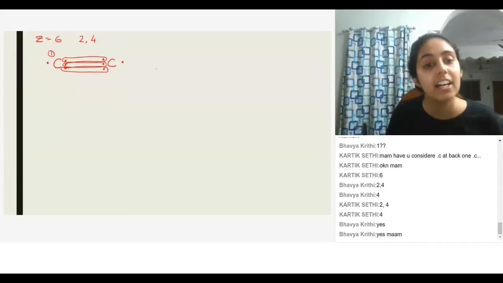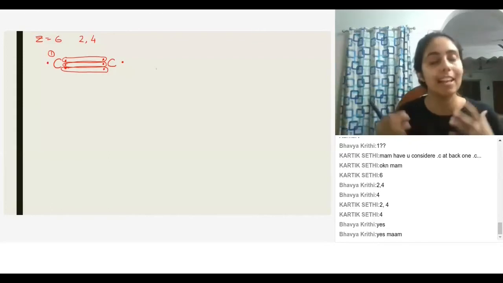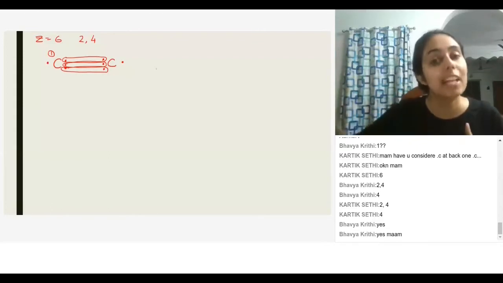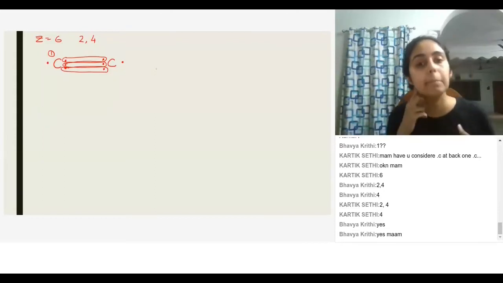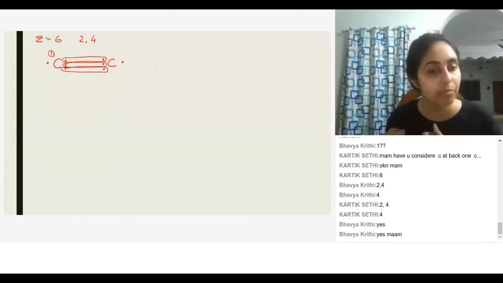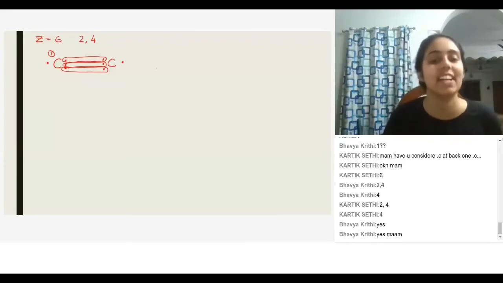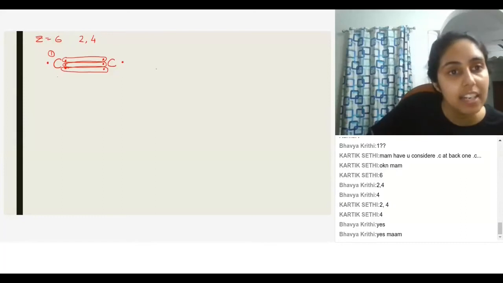Ma'am, which carbon, the second or the first one? The first carbon. You need to tell me how many electrons it has plus the number of electrons it is getting from the second carbon. So totally how many? 7. Excellent. So this carbon now has 7 electrons.